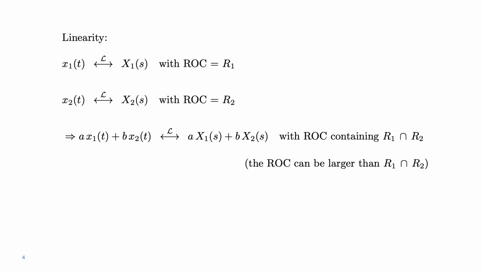That is a X1 of s plus b X2 of s. And the region of convergence will contain the intersection between the two regions of convergence, R1 intersection R2. However, it could also be larger than such intersection. Note that such region of convergence can be larger if a pole zero cancellation occurs when we perform the linear combination. We'll see some example.